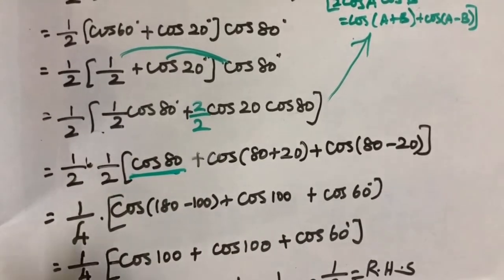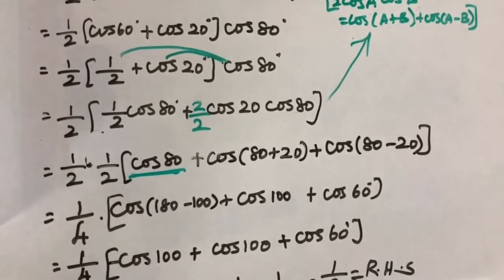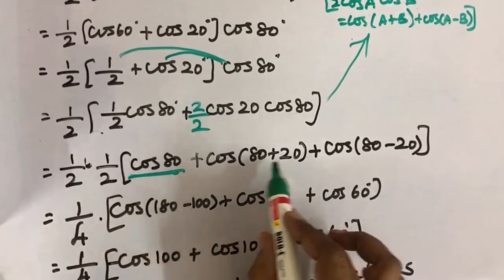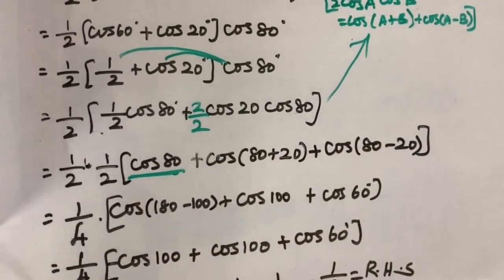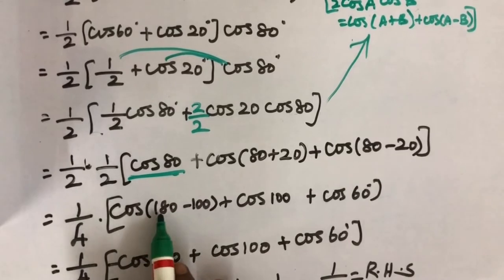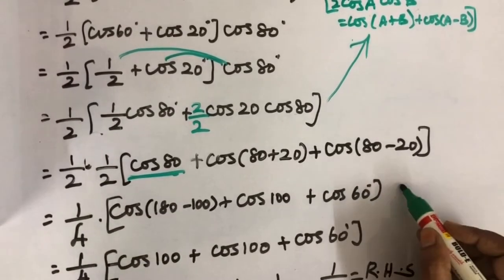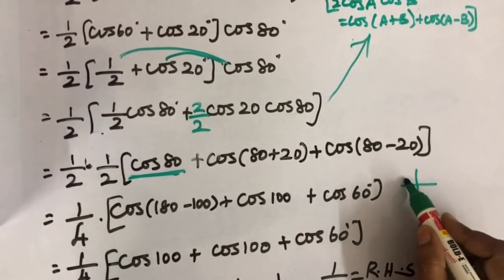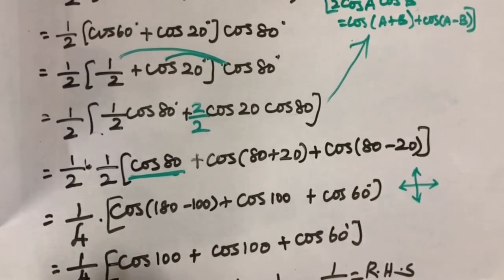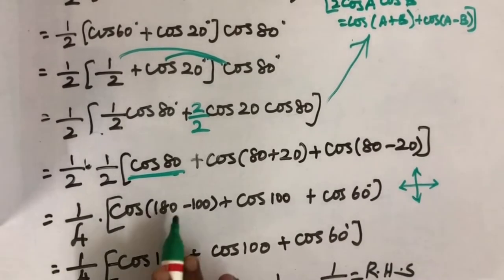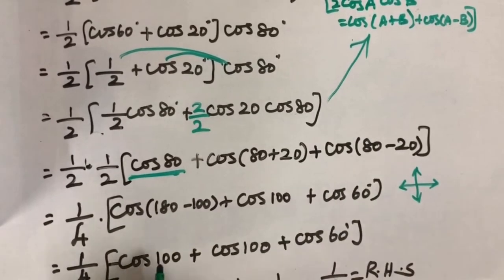I write this cos 80 as cos (180 minus 100), plus here 80 plus 20 is cos 100, and 80 minus 20 is cos 60. So cos (180 minus 100): 180 is on the horizontal axis, so there is no change in the trigonometric ratio. 180 minus 100, no change, so it is cos only.